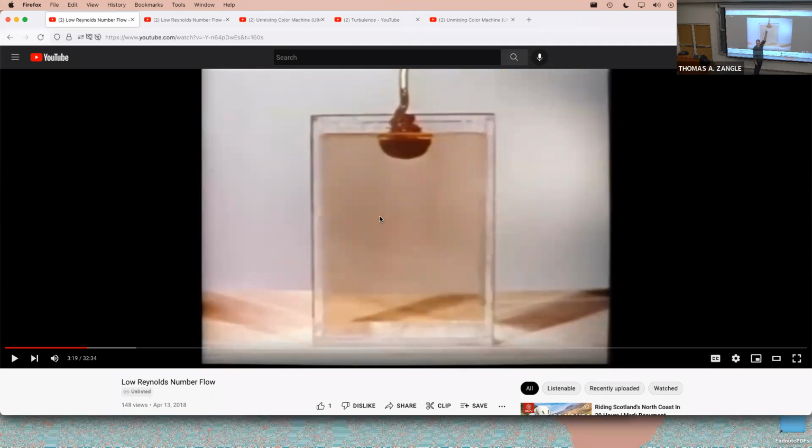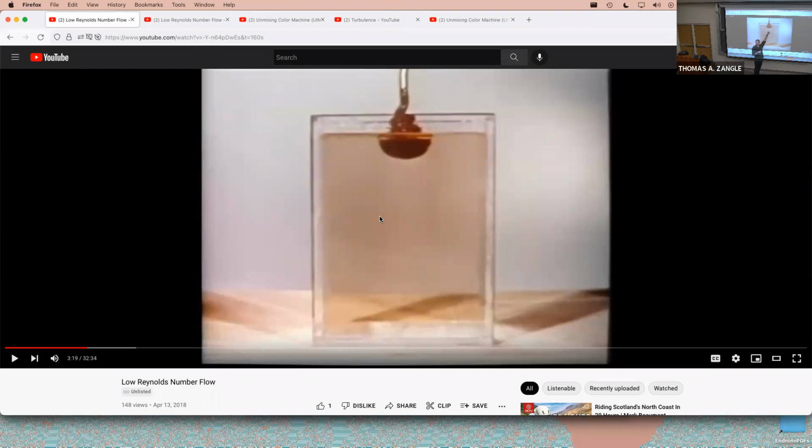Because this jet is being dropped from some height, it has some velocity, and this fluid has mass, therefore it has momentum as it enters the tank. Then upon entering the tank, it encounters resistance because of viscosity. The viscosity of the fluid within the tank slows it down and will then stop this jet from going any further. So that's what we're seeing here.